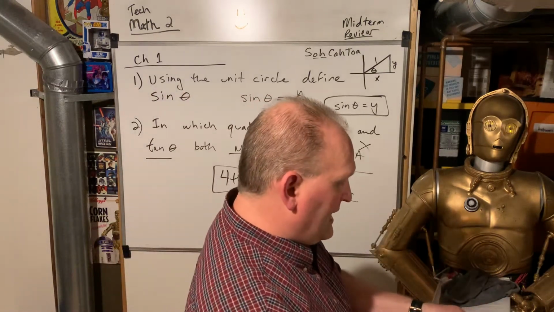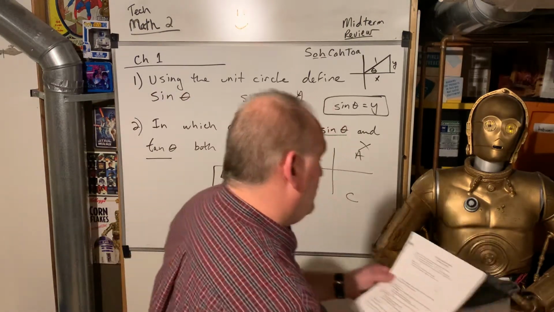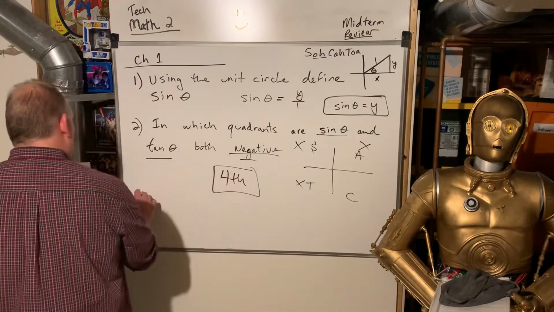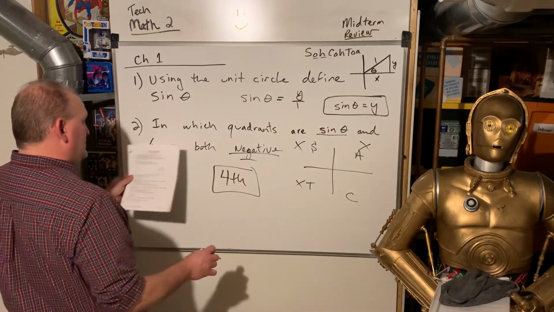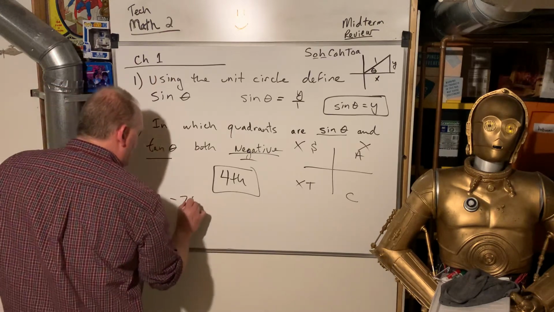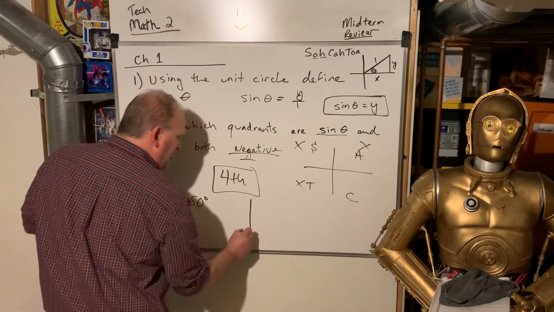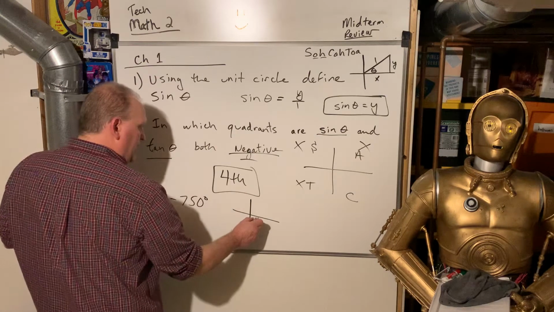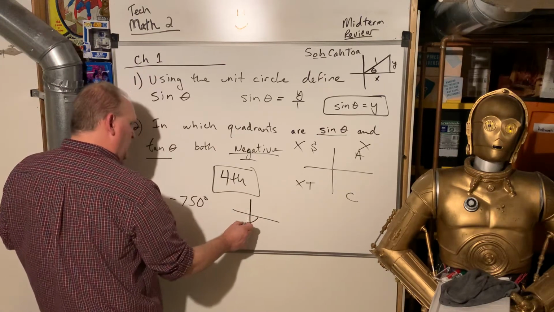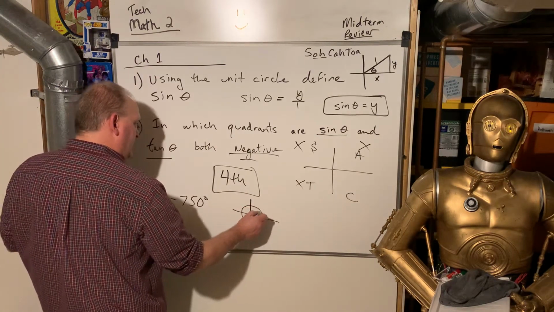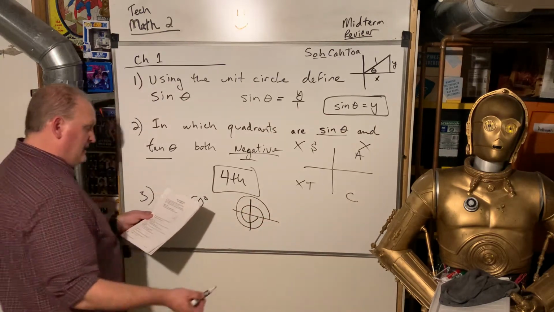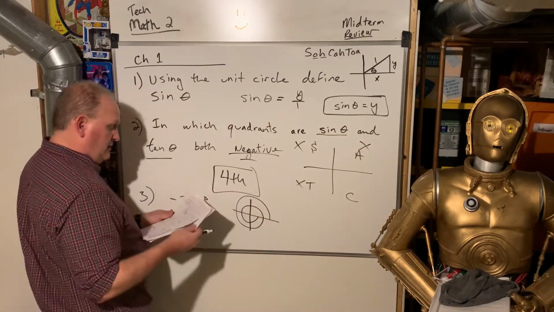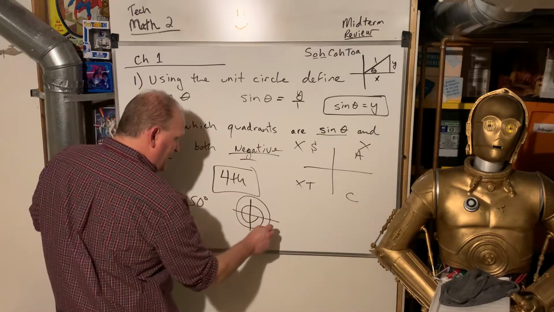Number 3. What angle between 0 and 360 has the same terminal side as negative 750? So again, you're going around the wrong way. Negative 360, negative 720, and then another 30 degrees past that, right?